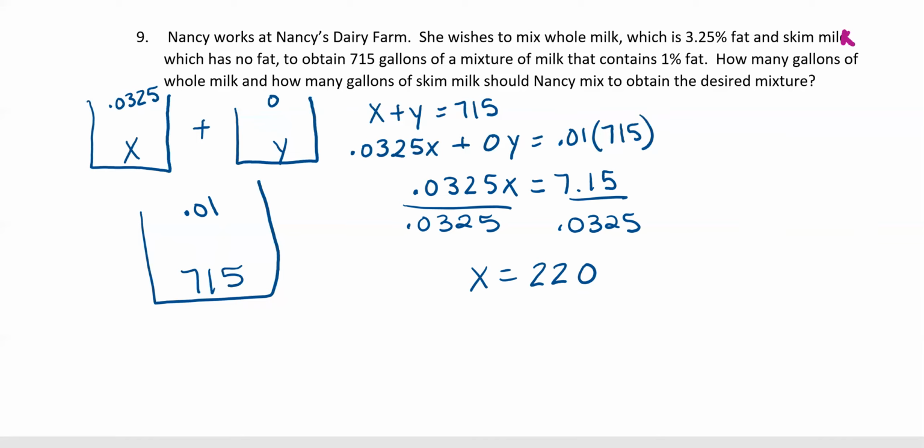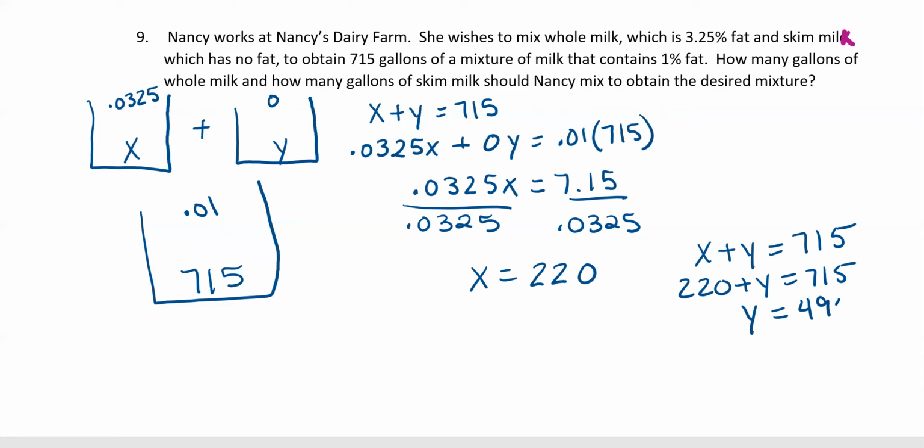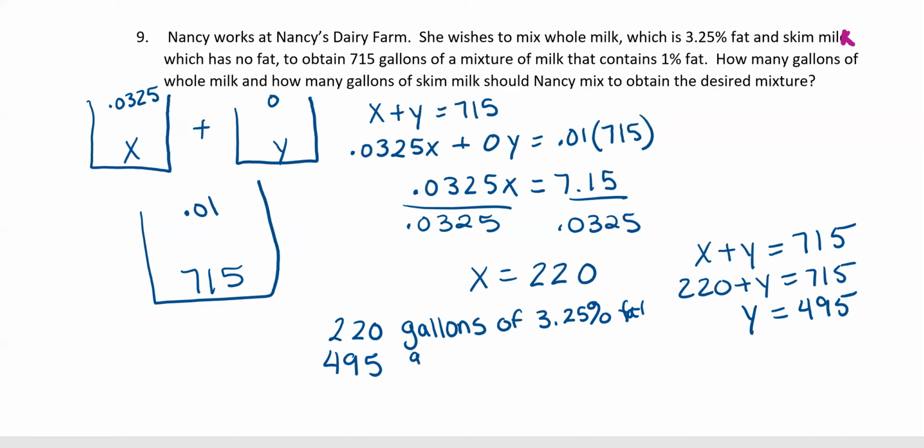And we can find Y because we know X plus Y has to equal 715. So we'll write out the answer. We need 220 gallons of 3.25% fat milk, and we need 495 gallons of skim milk.